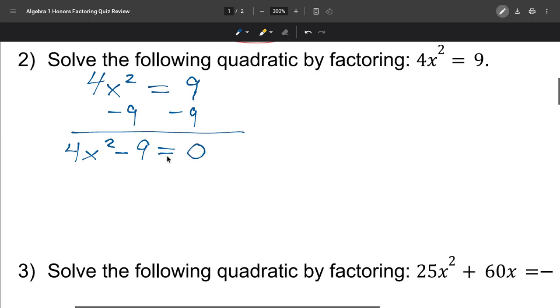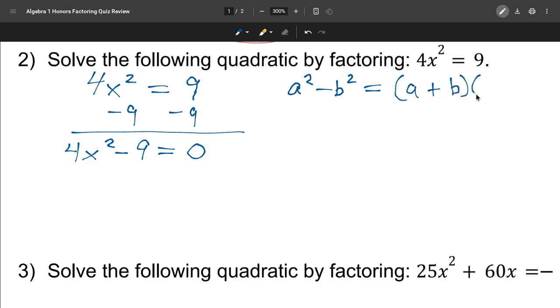Now this looks like it follows the difference of squares pattern, and that pattern is a squared minus b squared equals a plus b times a minus b.